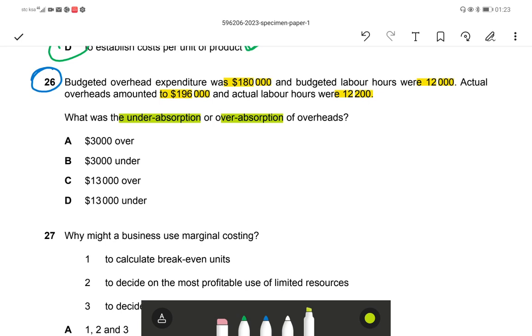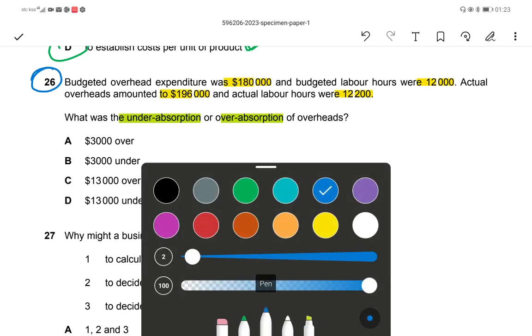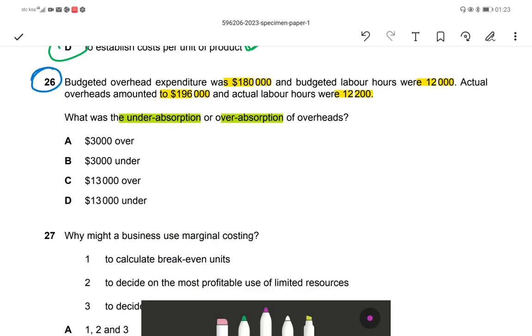How to find? So here 12,000 units was the budget, but actually 12,200. So first we have to find the budgeted cost, the budgeted price. To produce 12,000, they spent 180,000. So we have to find the per unit cost.